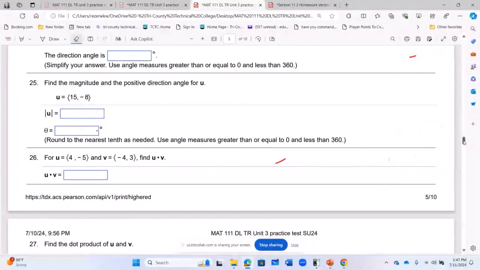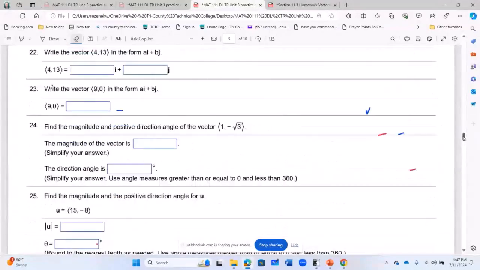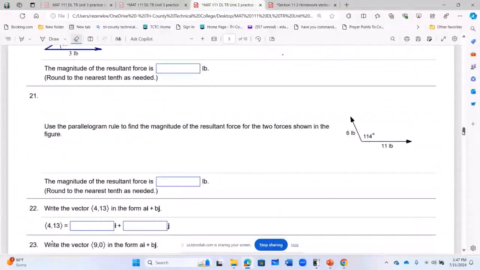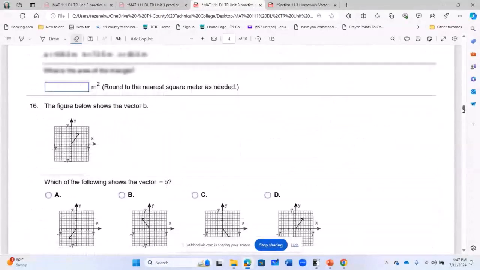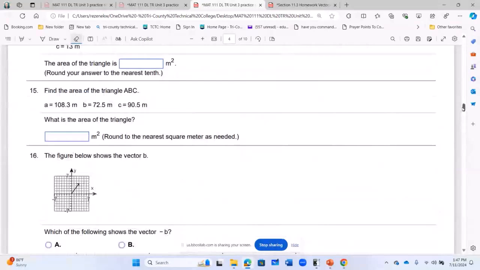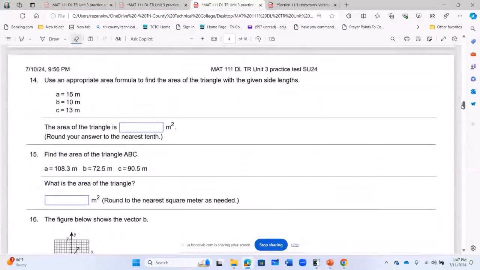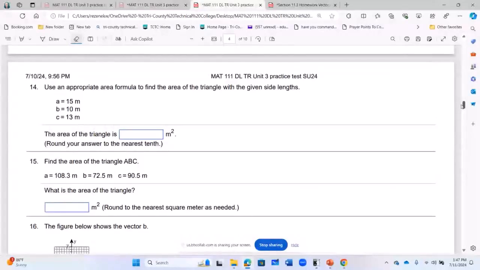All right, so we are looking to find the area of a triangle using Heron's formula. And by the way, you may not be told what to use. The question can say, use the appropriate formula. No one tells you to use Heron's formula. It is your responsibility to know that it's Heron's formula.